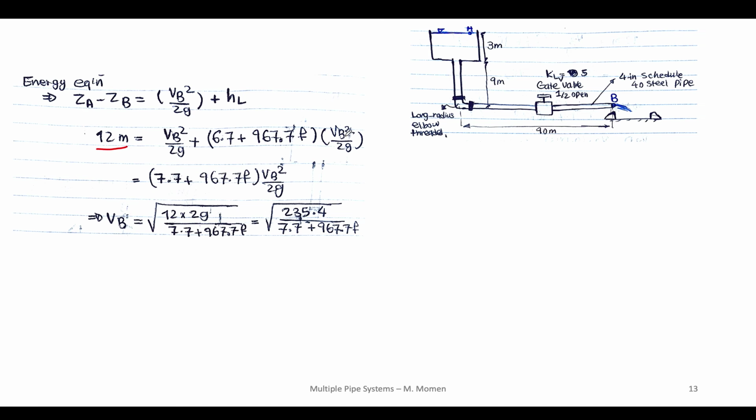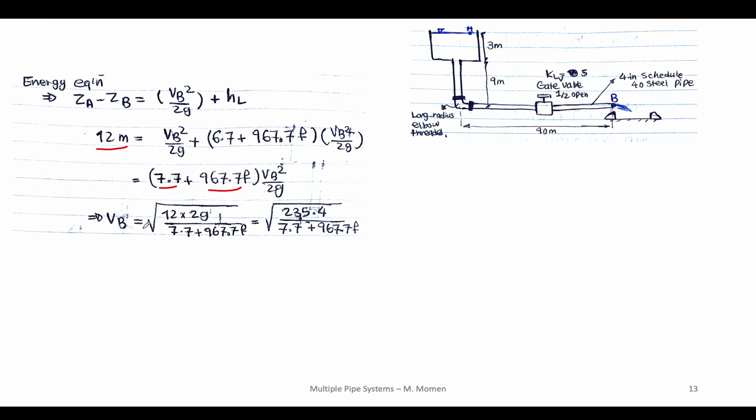Okay, so now I just combine these two together. Again, I factor VB square over 2G, so it's going to be 6.7 plus 1 is going to be 7.7 plus 967.7 times F. So this relation gives me 12 times 2G over 7.7 plus 967.7 F equals VB square.